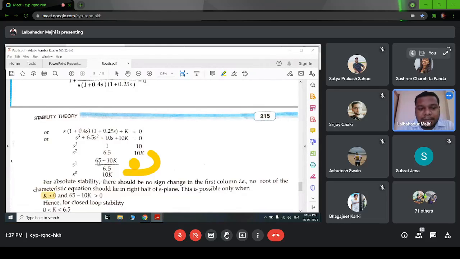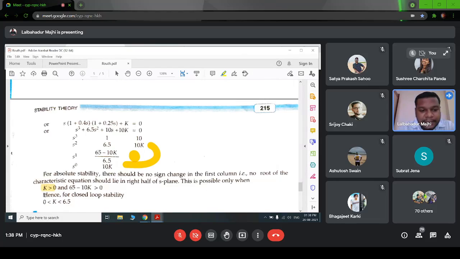Similarly, 65 minus 10K should be greater than 0, so we can derive that K should be less than 6.5. Hence, for stability of the closed loop system, the range of K will be K greater than 0 and less than 6.5.